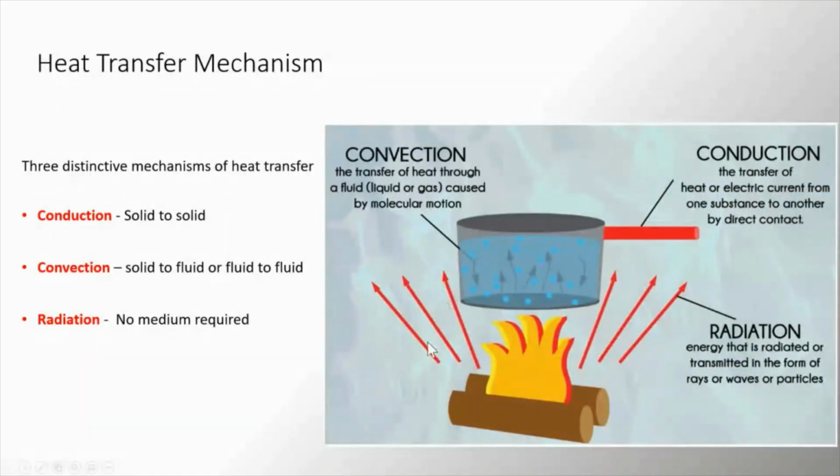There are different mechanisms of heat transfer: conduction, convection, and radiation. We already talked about conduction. Conduction happens when heat moves from one substance to another by direct contact. Convection happens in a fluid, not in metal.